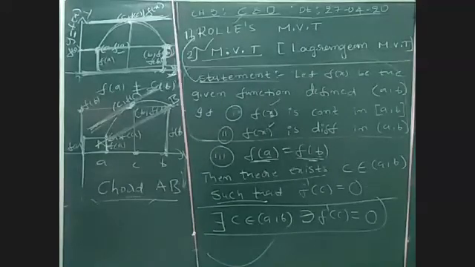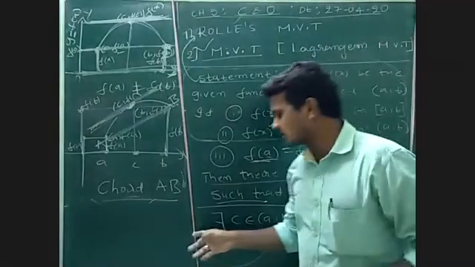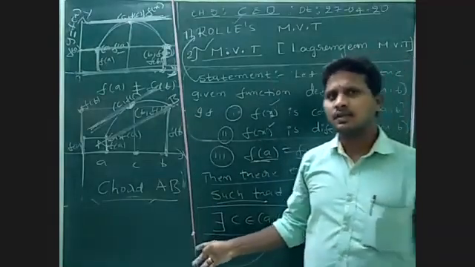Also remember that sin x, cos x are always continuous, whereas tan x is not continuous at 90, and we know that tan 90 is infinity. That is called a discontinuity point.